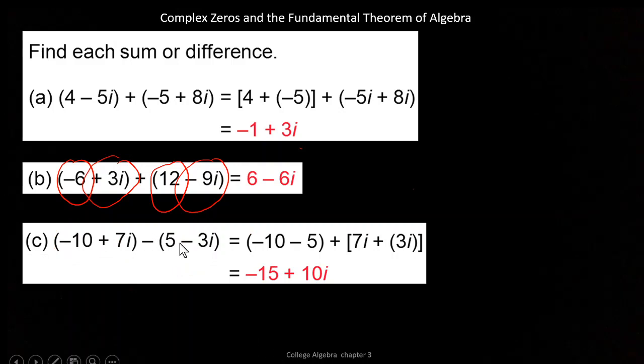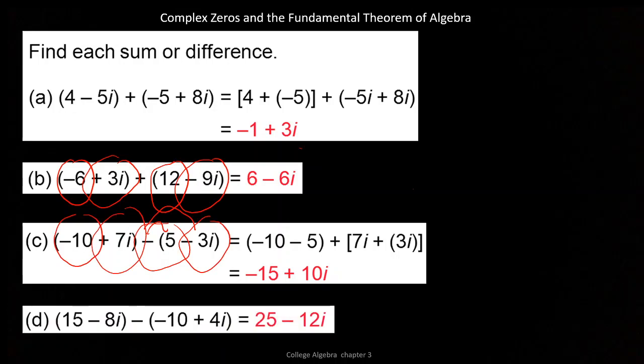Well, to subtract complex numbers, you have to distribute the minus and then just add, right? Just add the parts. So all we have to do is distribute this minus, and then you can remove the parentheses. And then just put the real parts together and put the i parts together, and you're done.